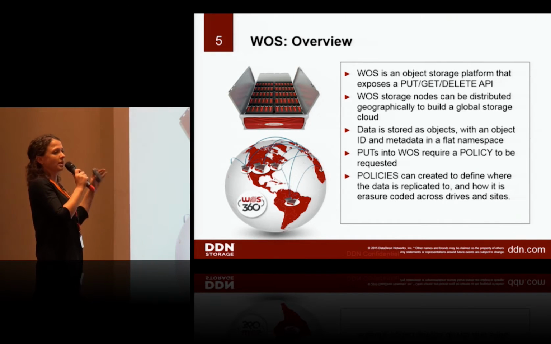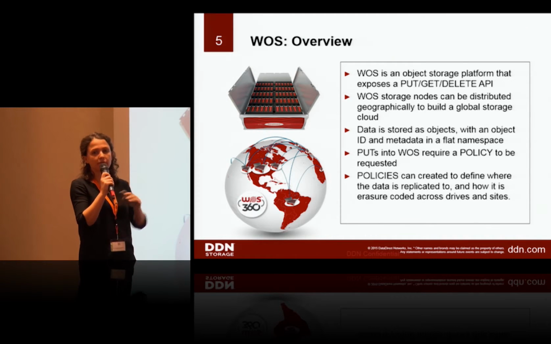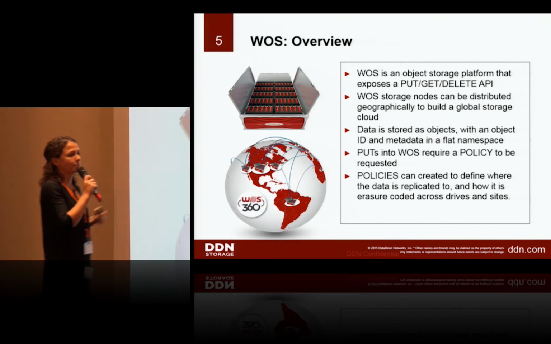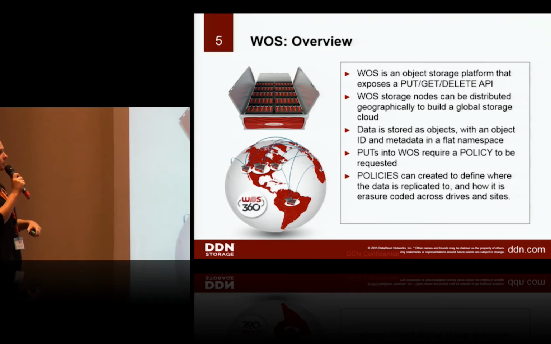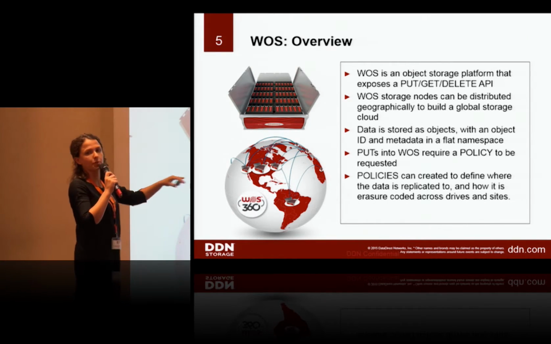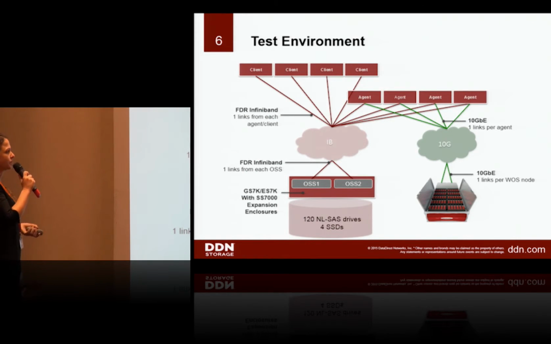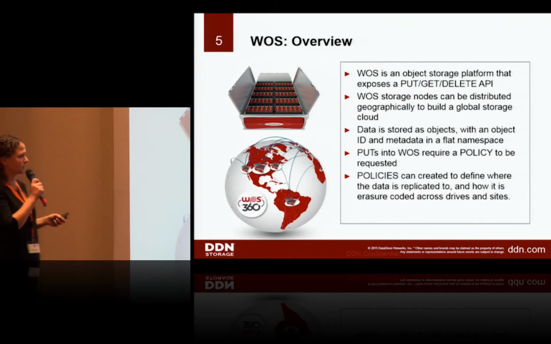As I mentioned, on our object storage we can have the nodes distributed geographically, so ideally part of our system is in our main location, and we can have a second or third copy in another location. That is very simple.